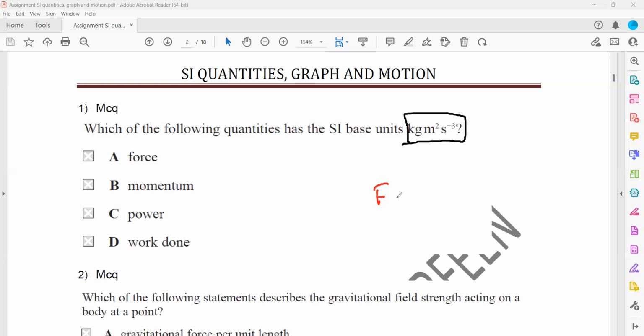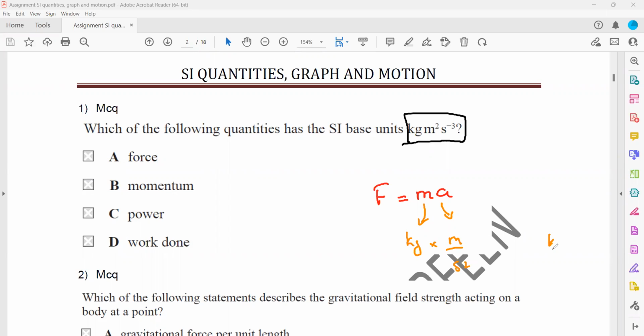First we write F equals ma. Force is equal to mass into acceleration. As I mentioned, you can use any formula you remember to work out the base unit. Then we write the unit for each quantity. The SI unit of mass is kilogram, kg, and the SI unit of acceleration is meter per second square.